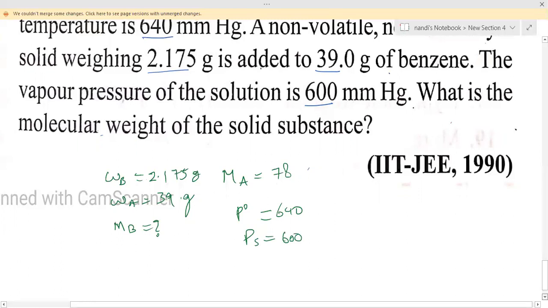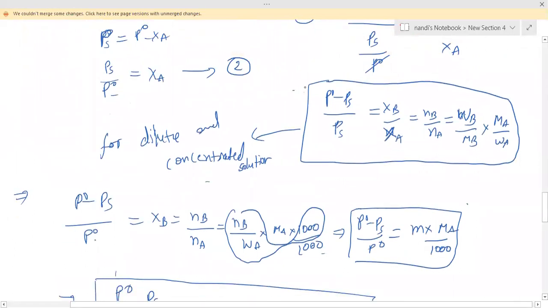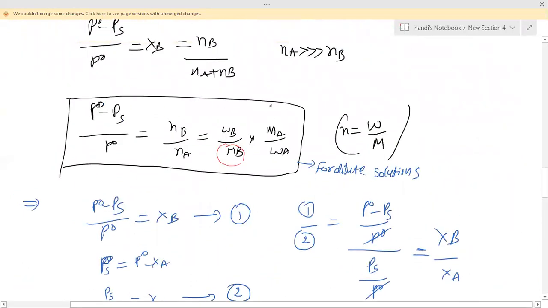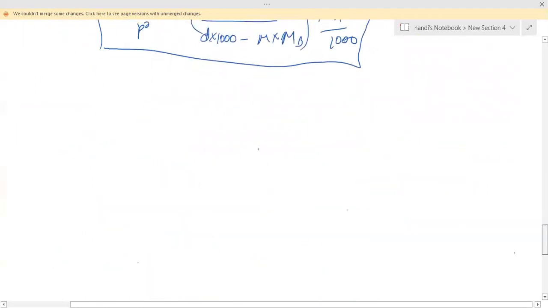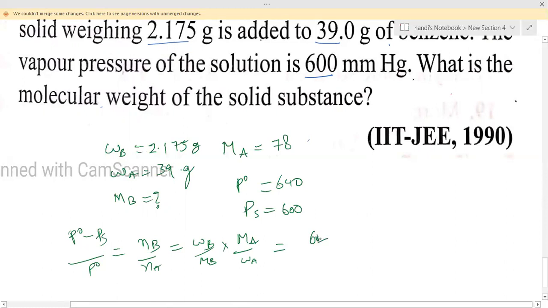Now substitute in this formula which we provided at the start. Mostly people use this formula. We substitute and get the answer directly, because all terms are given, nothing is left. So (P naught minus PS) by P naught equals NB by NA, which is WB by MB into MA by WA.